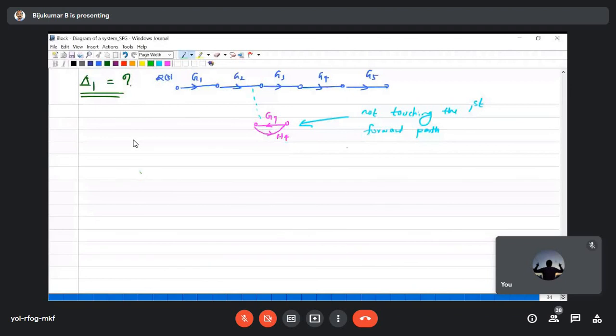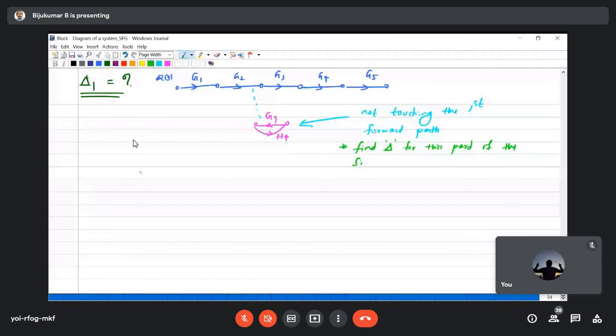Find delta for this part of the simulation. So that delta will be equal to delta 1.